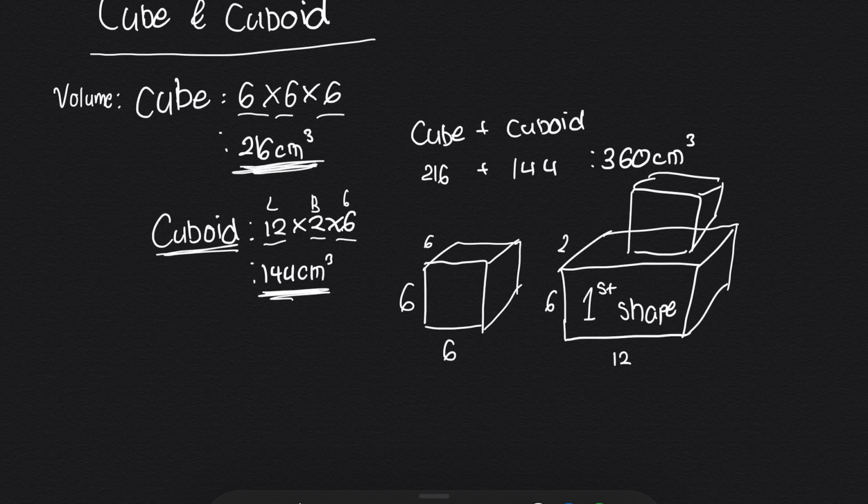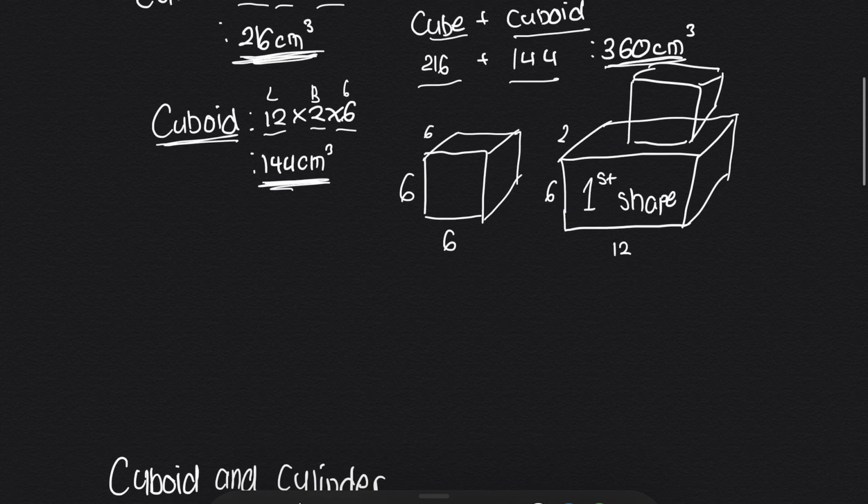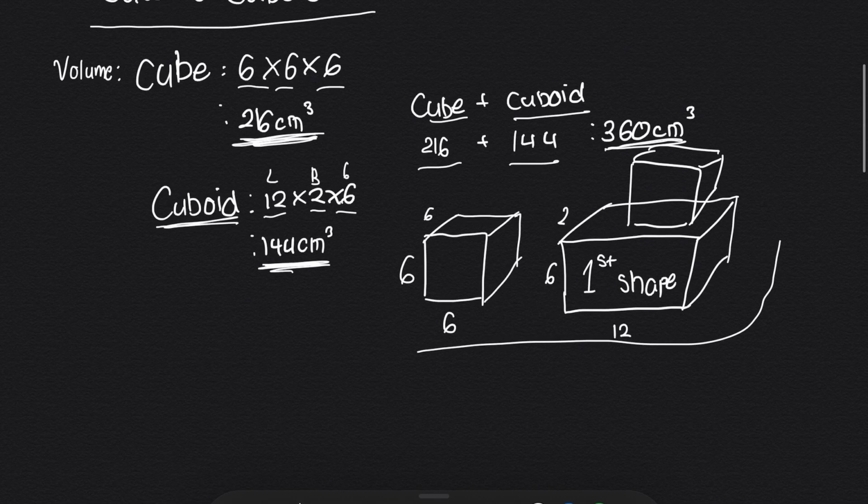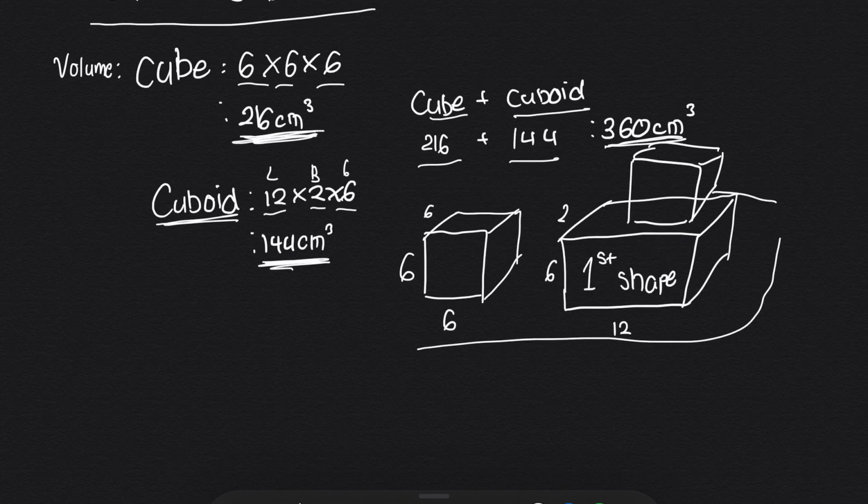Then we add the cube with the cuboid, which is 216 plus 144, which equals 360 centimeters cubed. So, this is the 3D sketch for my container. This will be the final.